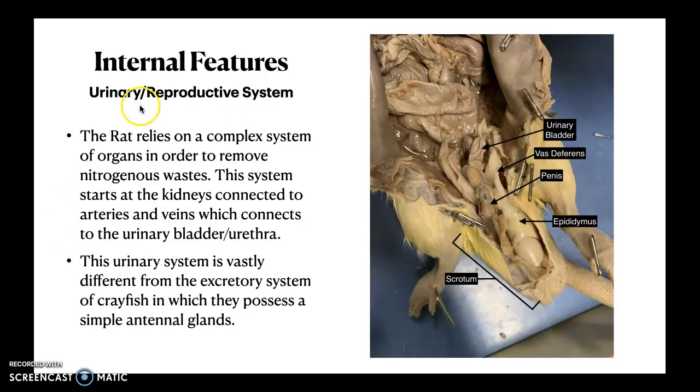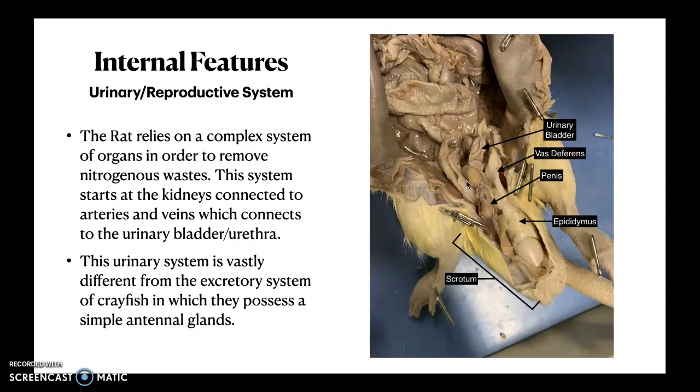So, looking at our urinary and our reproductive system, we have our urinary bladder right here, which is basically connected to our kidneys right above here. And that system basically starts at the kidneys and connects to arteries and veins, which connects to the urinary bladder and down to the urethra, which would then allow for the rat to urinate.